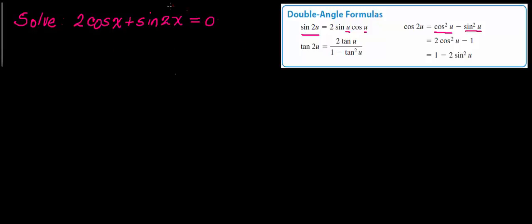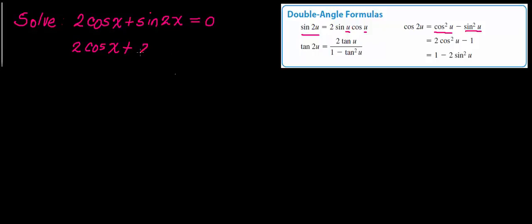So let's start. I see that the sine of 2x I can rewrite as this expression here. So I'm going to go ahead and do that. I'm going to say 2 cosine x, keep that for now. And then for the sine of the double angle, I'm going to write 2 sine of the angle, cosine of the angle.